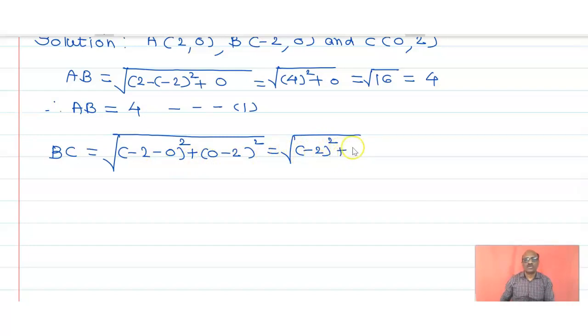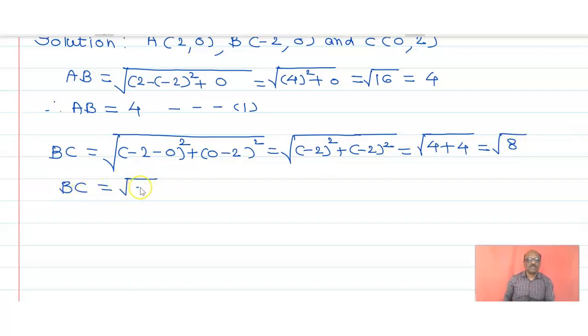Minus 2 square, and again minus 2 square, and that is equal to root of 4 plus 4, and here is the root of 8. Therefore BC is equal to root of 8. This is the second one.